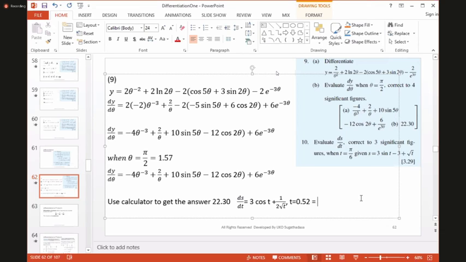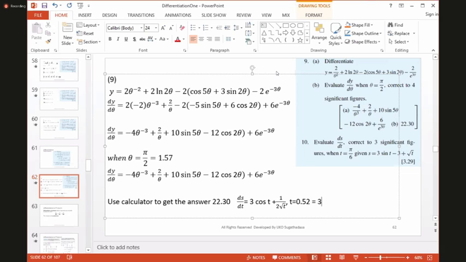I'll show you how to use the calculator also. When you calculate the cos t value, note 3 multiplied by cos 0.52. I'll show you, like the previous day. Just look at the photograph, then you can see the radian setting.